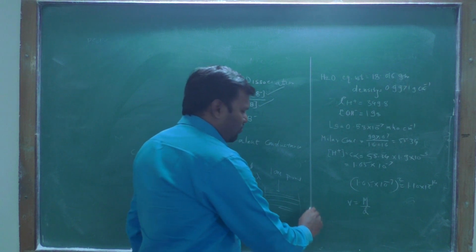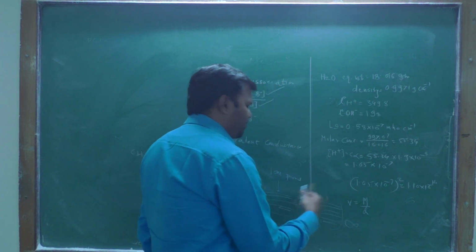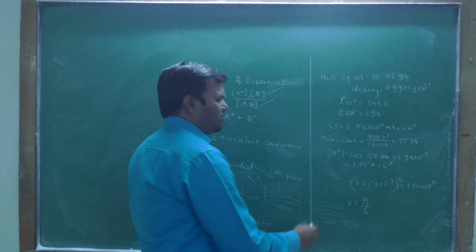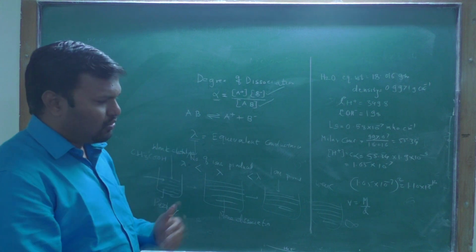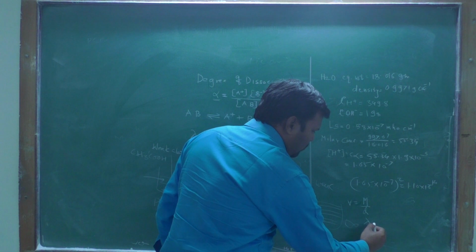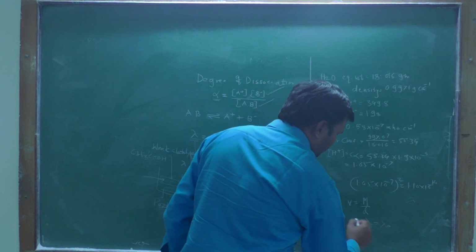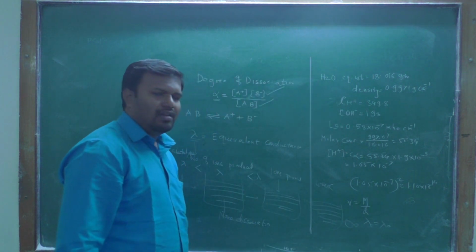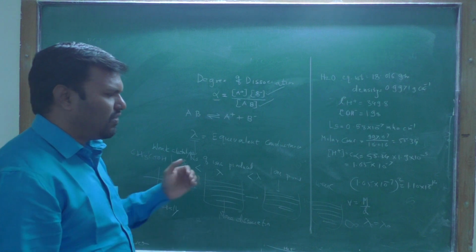At the last, at infinite dilution, the weak electrolyte is totally dissociated, and at that time the equivalent conductance becomes equal to lambda 0, the equivalent conductance at infinite dilution.